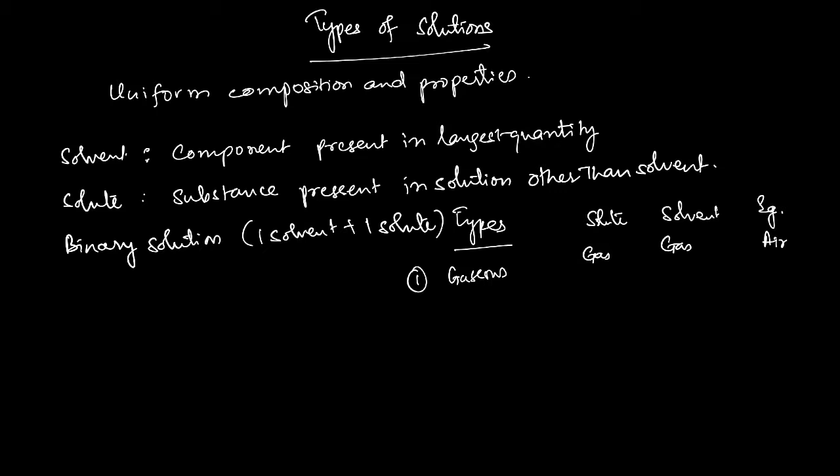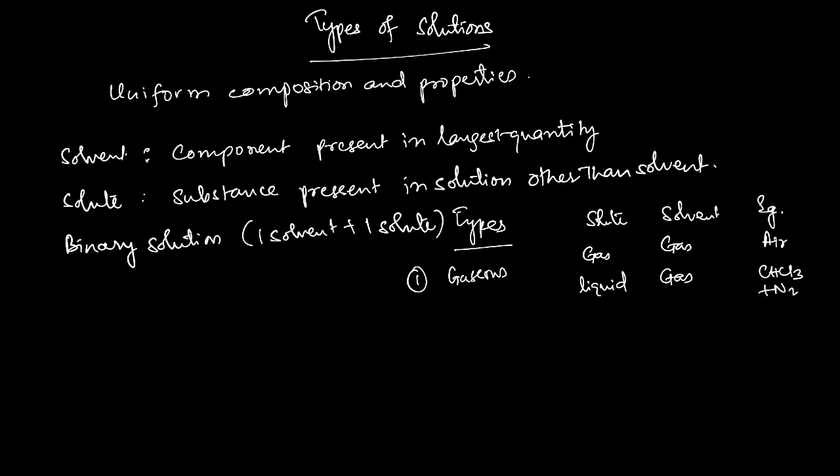Then solute can be liquid. Solvent has to be gas because a gaseous solution requires solvent to be gas. Otherwise it will not be a gaseous solution. So liquid in gas. Example is chloroform mixed with nitrogen gas, CHCl3 plus N2.